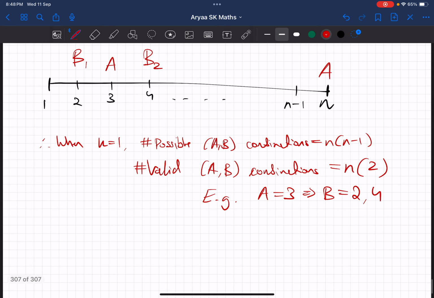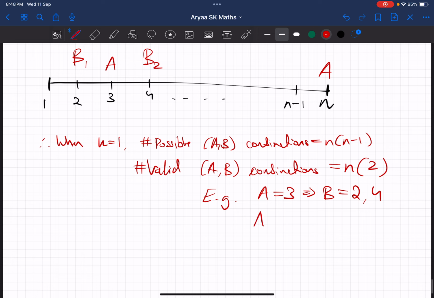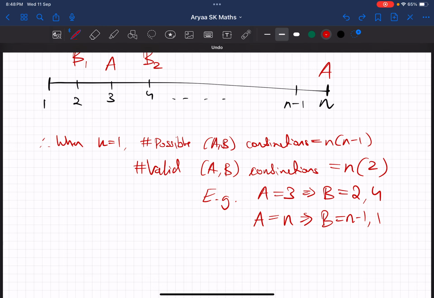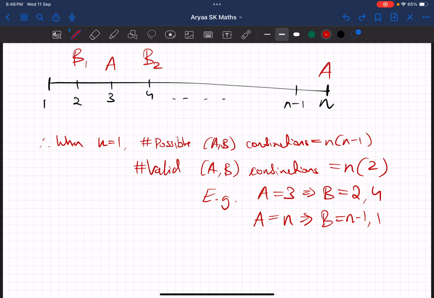And the nice thing about this way of thinking is that we don't have to account for the wrapping round, because let's say A was n, well then B would either be n minus 1 or it would just be 1. We don't actually have to determine the other value of B, we just have to know that there's 2 possible values. So that's good.